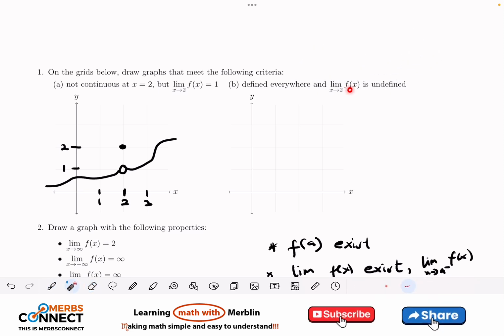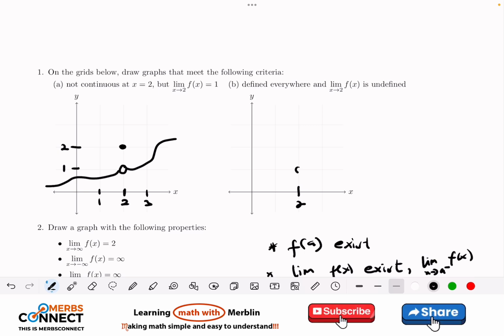What is the x here? X is equal to 2, but we don't have y as for this. You see that this one we had x and we had y. So we were able to trace x, y, and they were meeting here. And then we have the left and then the right. This one we have only x, which is equal to 2. We don't know y. So meaning that y can be different values for the left and then the right.